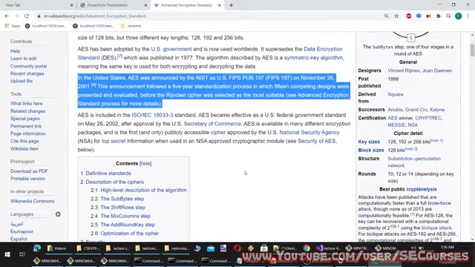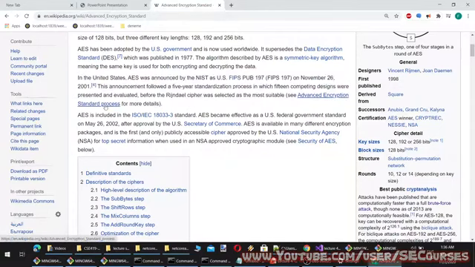In the United States, AES was announced by the NIST as US FIPS Pub 197, FIPS 197, on November 26, 2001. This announcement followed a 5-year standardization process in which 15 competing designs were presented and evaluated, before the Rijndael cipher was selected as the most suitable. See Advanced Encryption Standard process for more details.